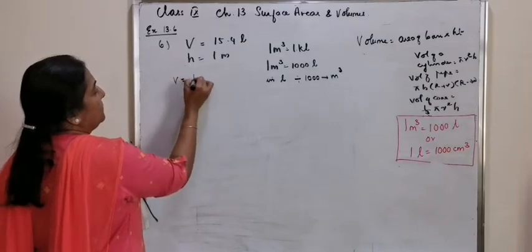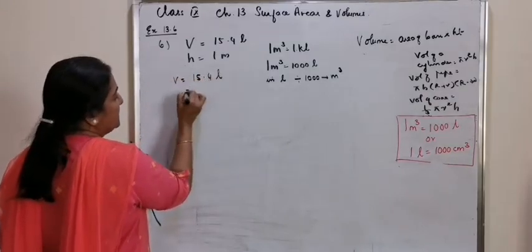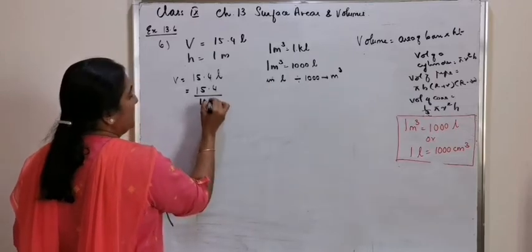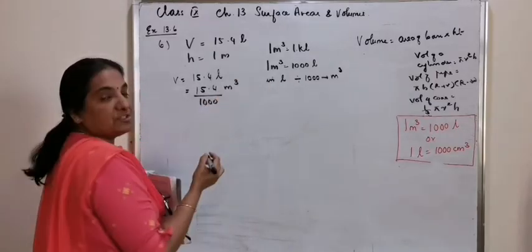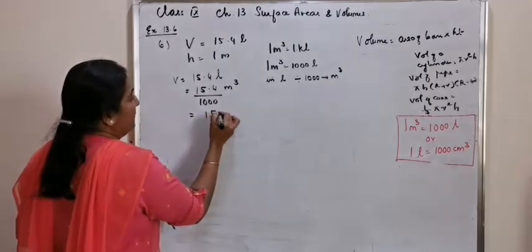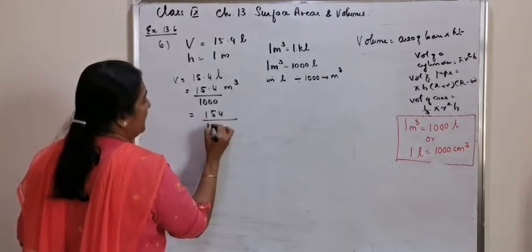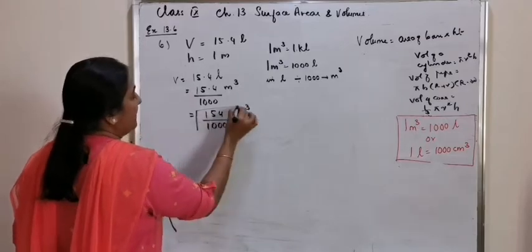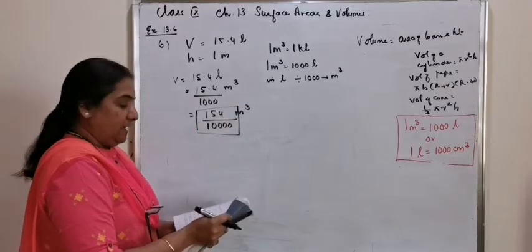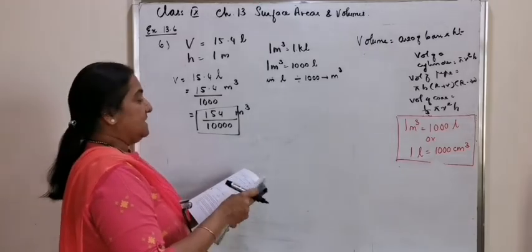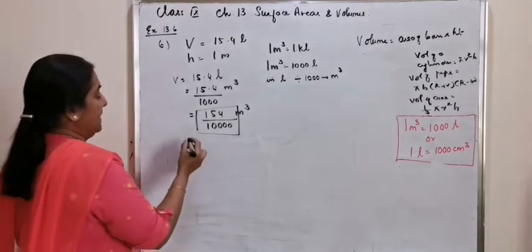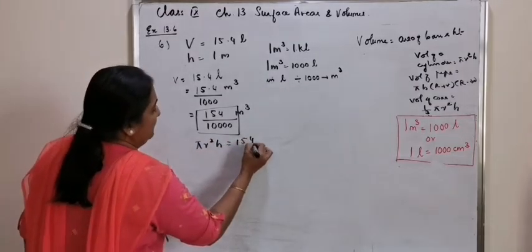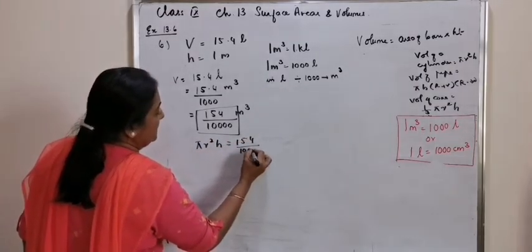So volume is equal to 15.4 liters, which is the same as 15.4 divided by 1000 meter cubed. Let's remove the decimal: 154 divided by 10,000. That will give you a fraction. And now height is given as 1 meter. So let's substitute in the formula. Pi r square h is equal to 154 by 10,000.